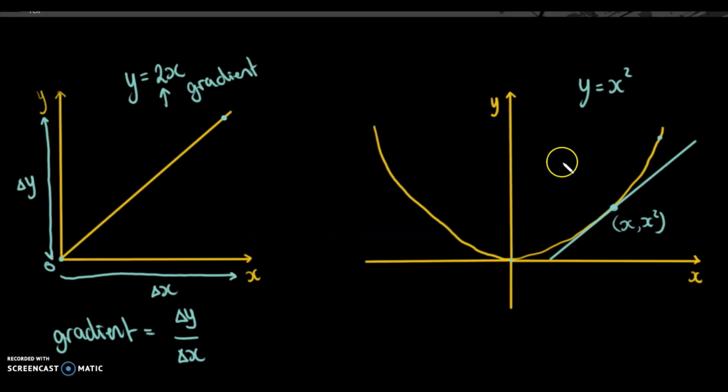Now, if I pick my second point up here, we can see that this point is going to be a little bit more than the previous x value and a little bit more than the previous y value.